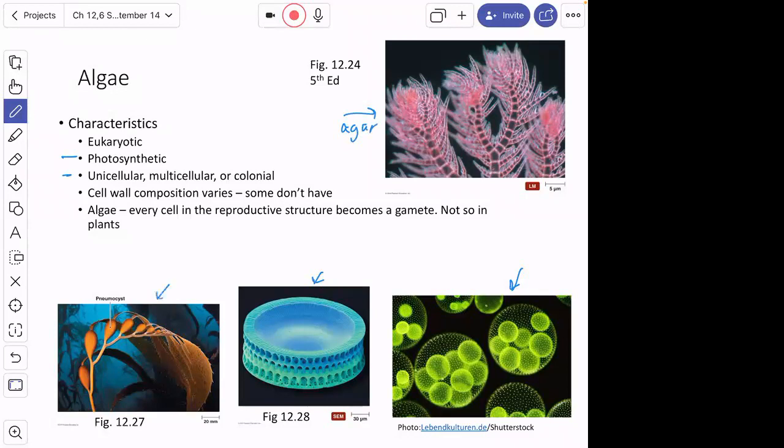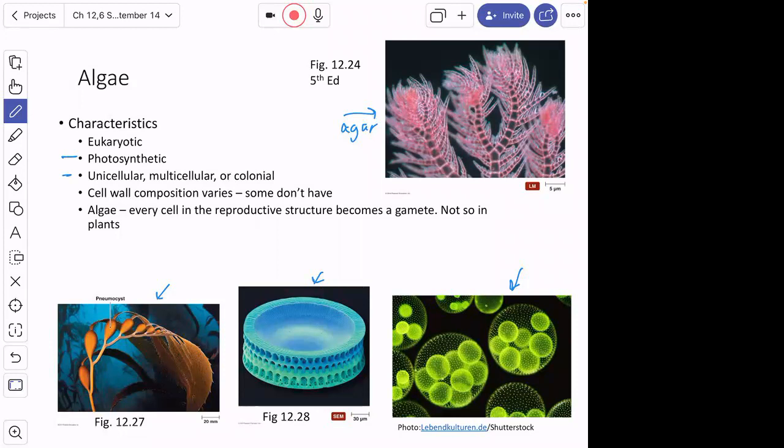Or there's huge brown kelp, seaweed in the ocean. And it's not just that plants are big and algae are small, because this brown kelp extends for miles and miles in the ocean. So the difference between plant and algae is, you would have to know something about the life cycle of the organism.